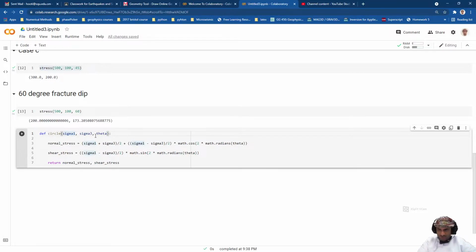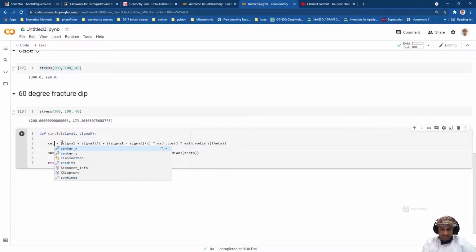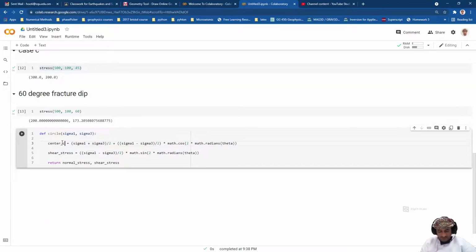We need only sigma 1, sigma 3. We don't know what theta is, and there are no more stresses. We need to get the center x. Center x is basically this value: sigma 1 plus sigma 3 divided by 2.